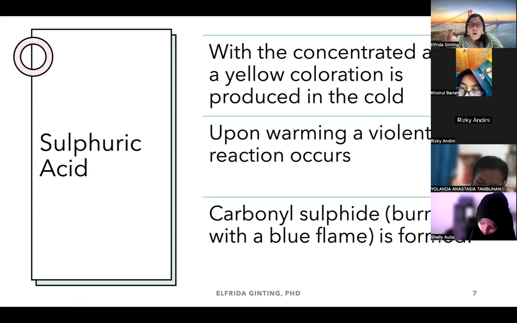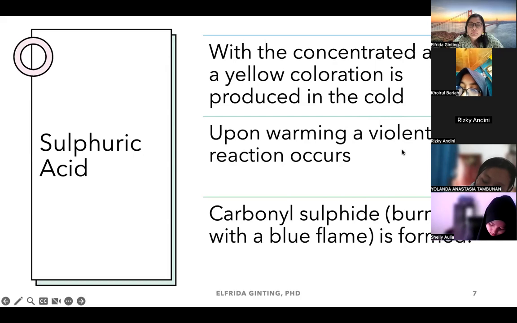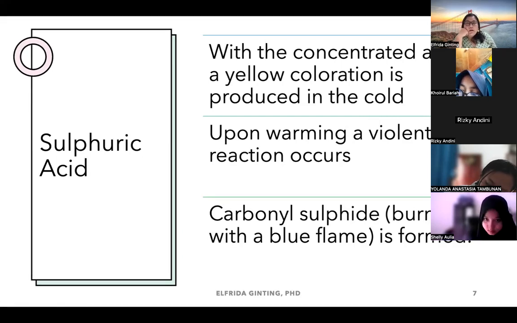Now, if we warm up the solution, then the yellow color will change into a violent reaction. Why does the violent reaction occur? Because it will produce carbonyl sulfide, and the carbonyl sulfide will have a blue flame.